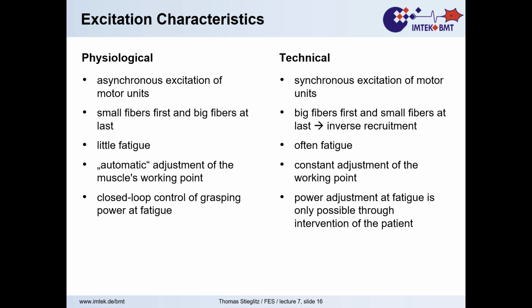Knowing the excitation thresholds during electrical stimulation, we get that, unfortunately, the other way around. So we get the thick fibers first, that are the fast fibers, and the thin fibers second, the slow ones. And that is called inverse recruitment, because it's the other way around.